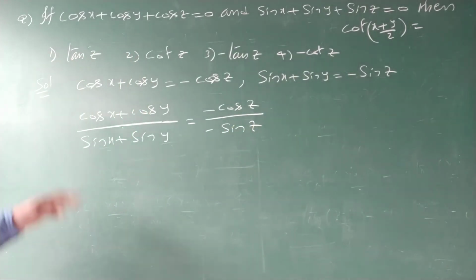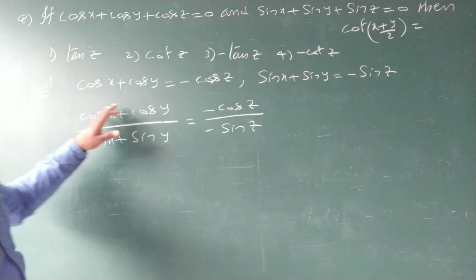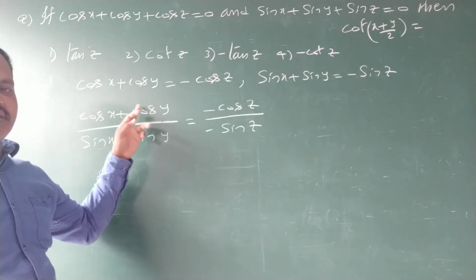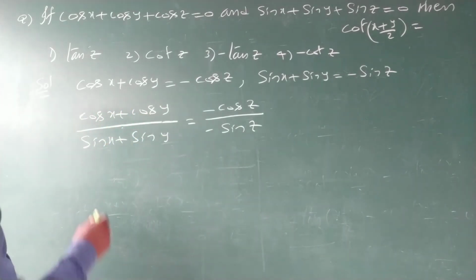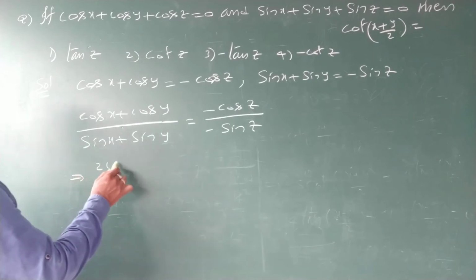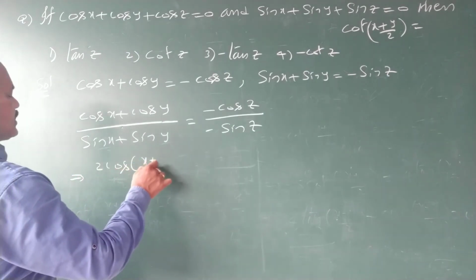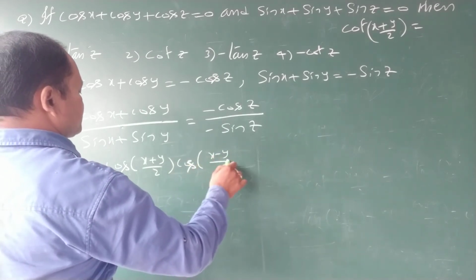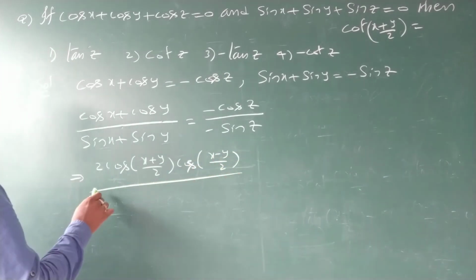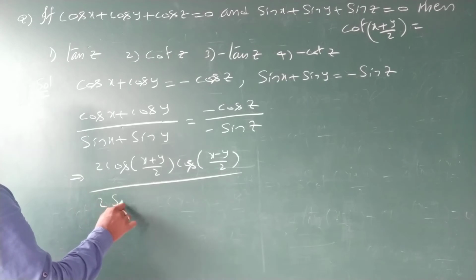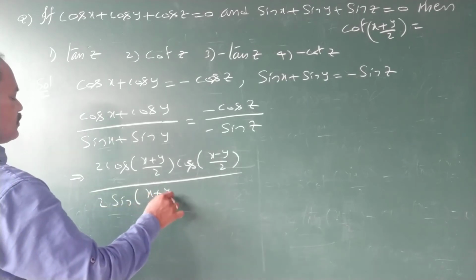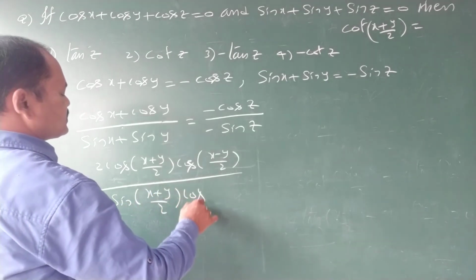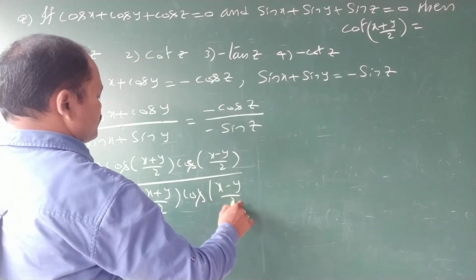Now here the same formula, cos C plus cos D, sin C plus sin D. So for this one, it is 2 cos (x plus y) by 2 into cos (x minus y) by 2 by 2 sin (x plus y) by 2 into cos (x minus y) by 2.